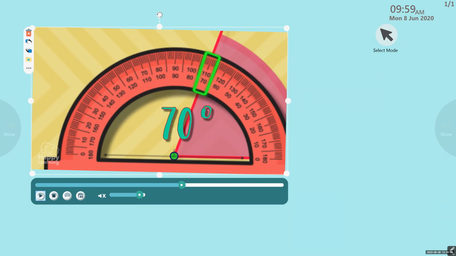The final ray, starting from the initial ray, is ending at the number 70. So how much angle is passed? That is 70 degrees. We will start reading the marks from 0 to 70. And what is the angle? 70 degree angle. Very good.